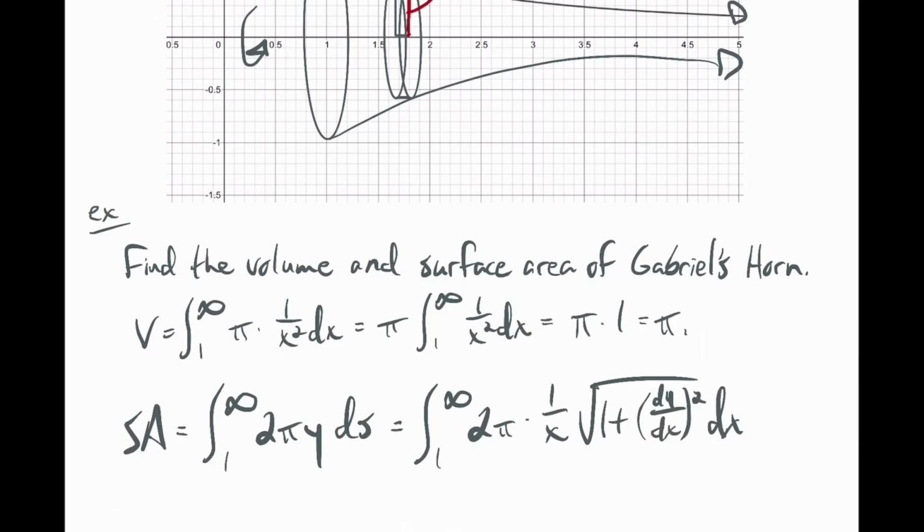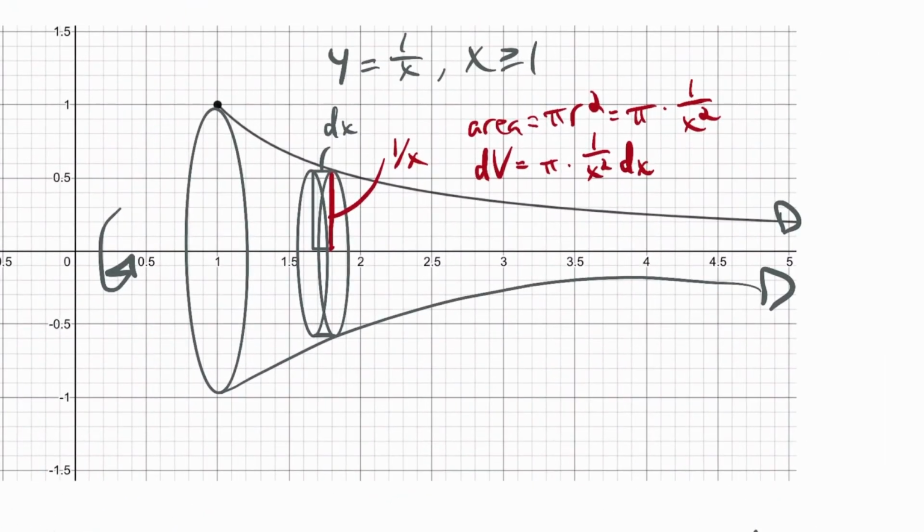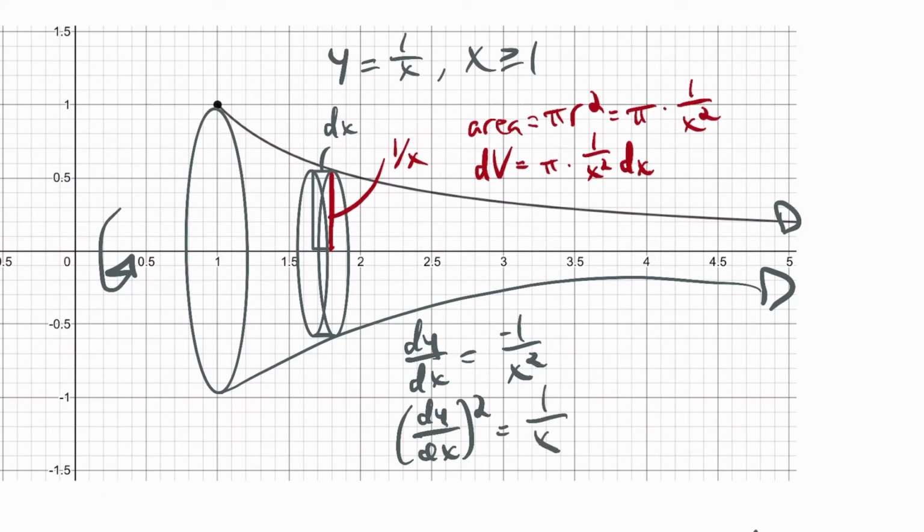Well, what is dy/dx squared? Let's go back up here. dy/dx is going to be negative 1 over x squared, right? So if we square that, (dy/dx) squared, we get 1 over x to the 4th.